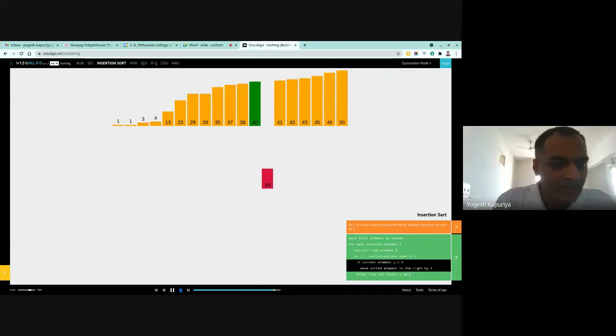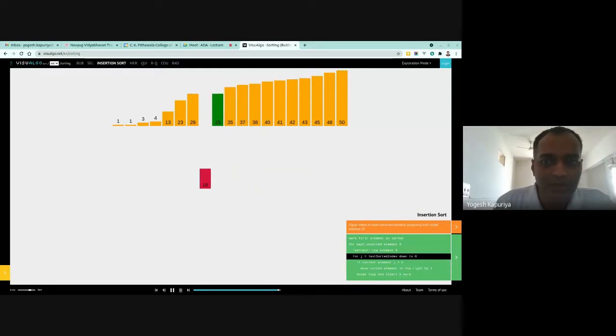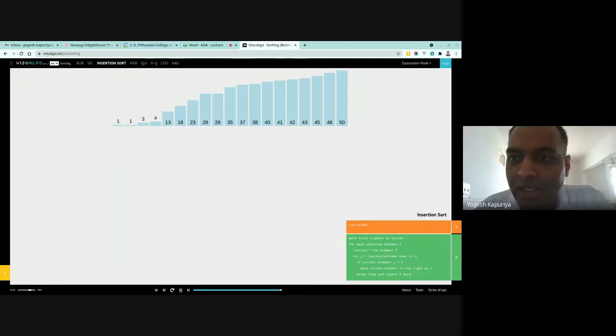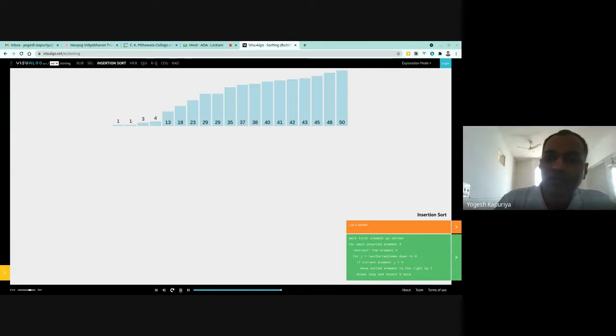So the point over here which I want to make is very simple and straightforward. This is how your insertion sort works. So you will start with the second element, which will be your key element. Then you will start comparing the key element with j minus 1. J minus 1 means that you have started with the second, so it will start comparison with the first element. And then you are running this loop, you are just skipping all the elements which are greater than the key.